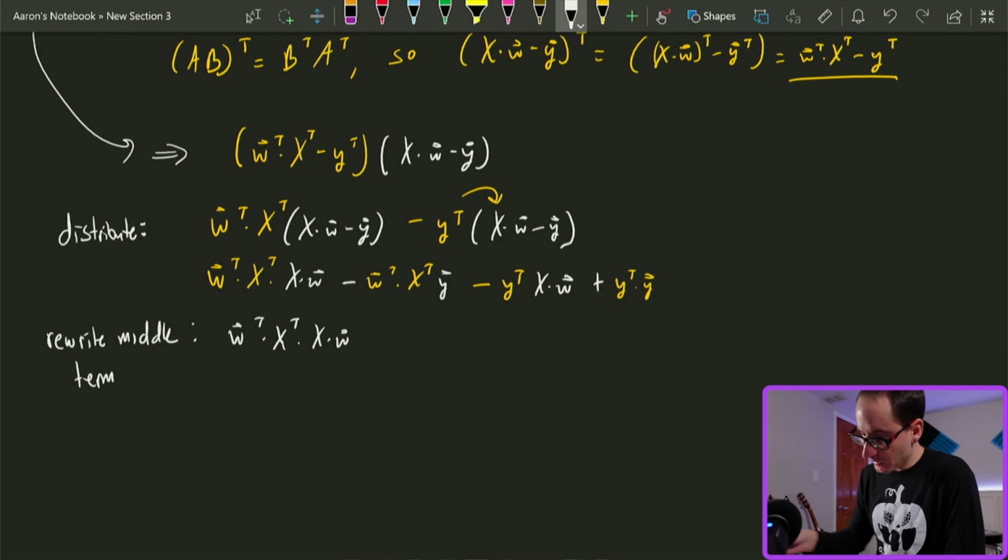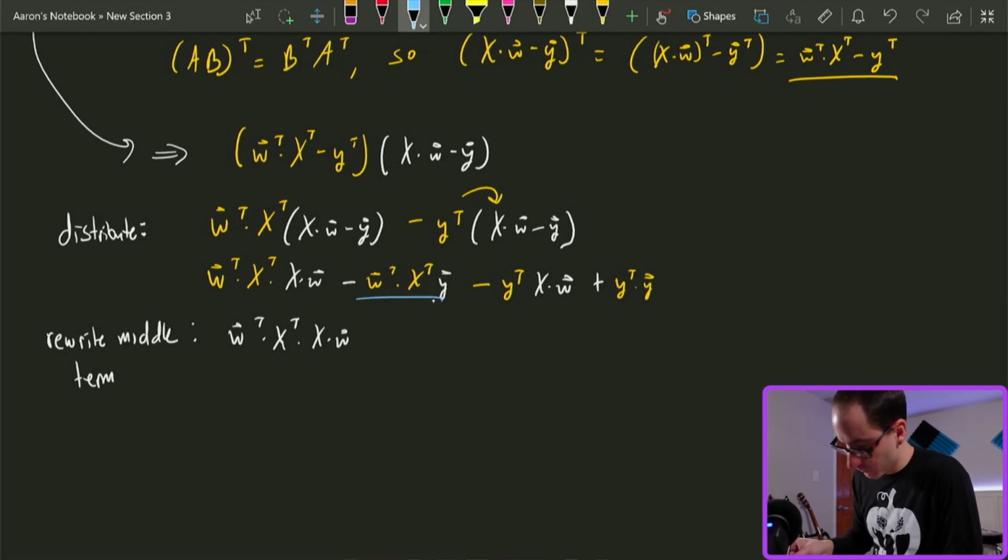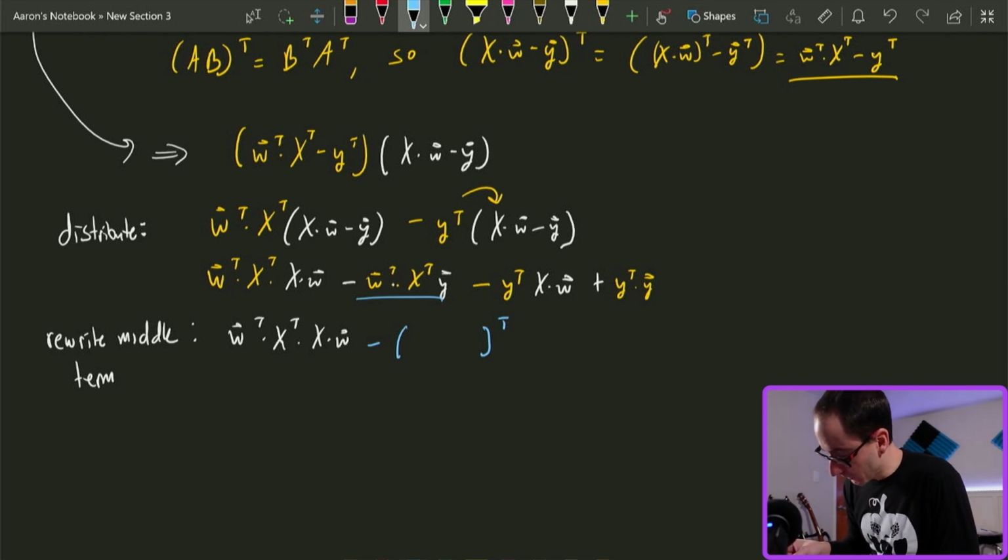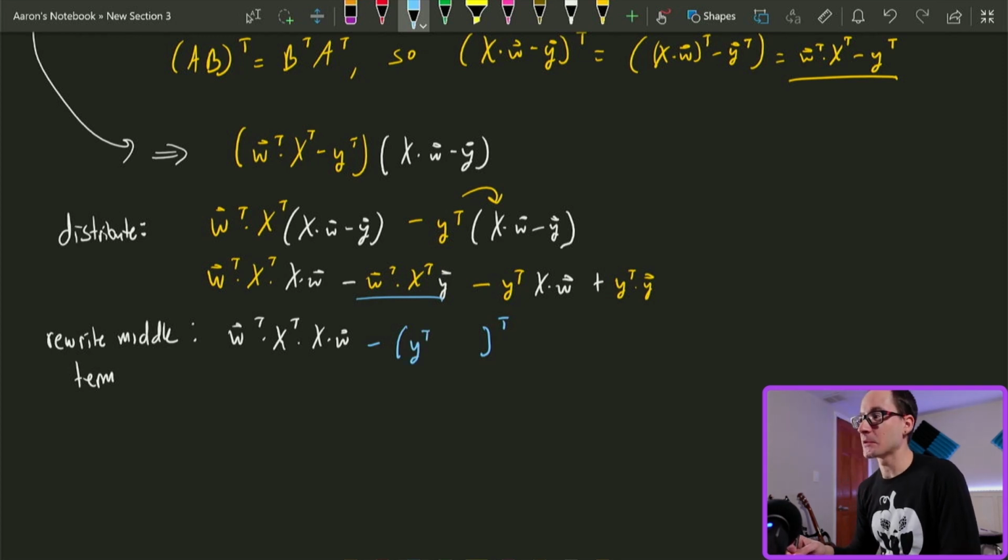And to rewrite the middle term, we're going to go minus, and we're going to sort of reverse that sock shoes property here, right? Where I'm going to have a single transpose on the outside. So if I want to reverse that sock shoes property, then we have to reverse the order in addition to taking the transpose, and the transpose of the transpose is just those vectors itself.